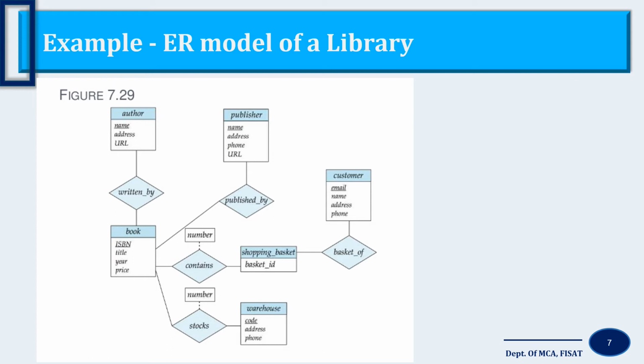The relationships contains and stocks have their own attribute, represented using an undivided rectangle. The number is an attribute for contains as well as for the relationship stocks. The primary key is also specified in the attribute list. Okay, so this is the ER diagram of a library database.